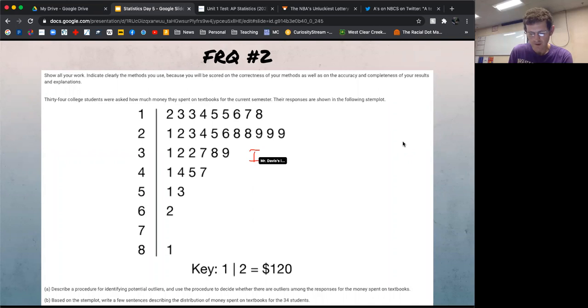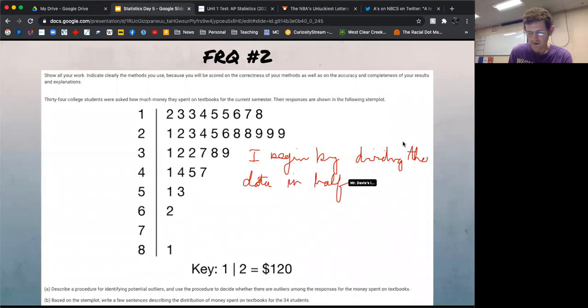I begin by dividing the data in half and dividing that data in half again, dividing that data in half again so that I can find the median and the first quartile and the third quartile.